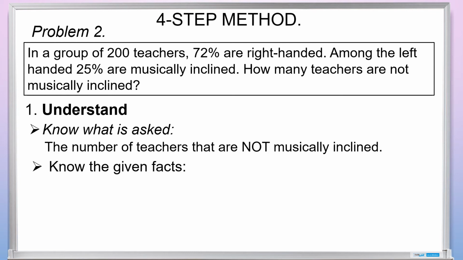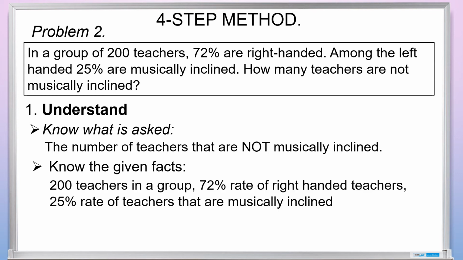Next is to know the given facts. The given facts in this problem are 200 teachers in a group. 72% is the rate of right-handed teachers. 25% is the rate of teachers that are musically inclined.